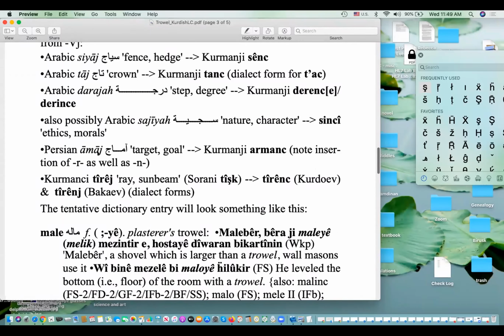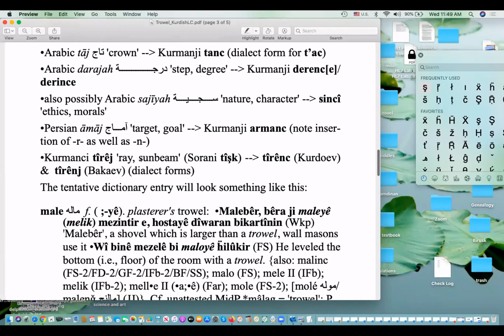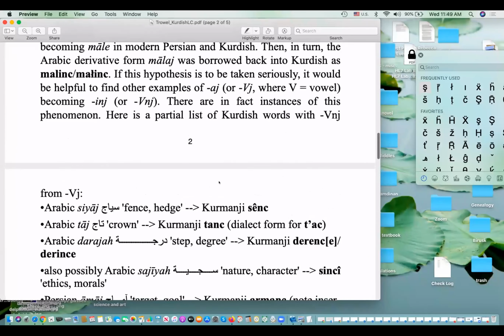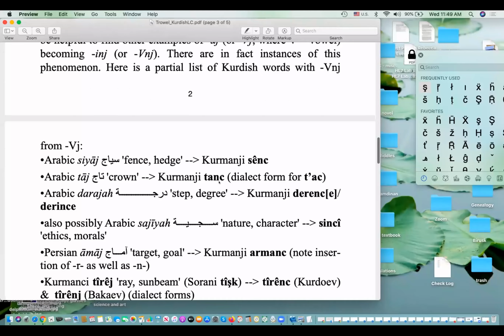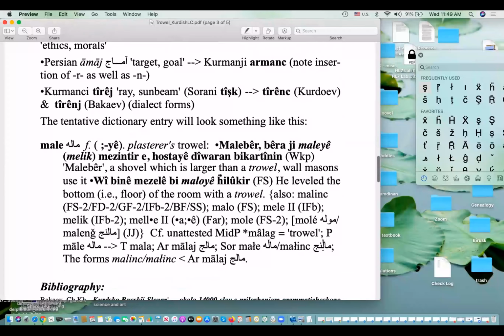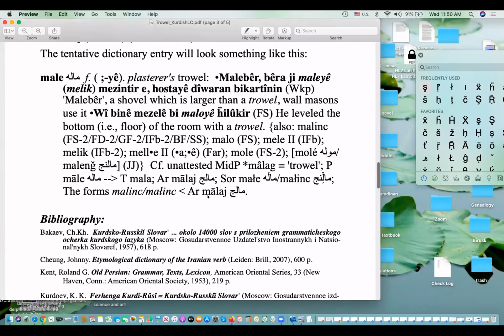Persian amaj, target or goal, Kurmanji armanj, which adds both a ra and a na, from amaj to armanj. And Kurmanji tirej, a ray or sunbeam, has the variant forms tirange. So that just shows several examples of aj becoming inj, or vowel plus nj. So the tentative dictionary entry in the third edition will look something like this.